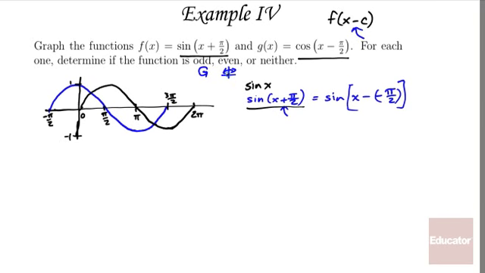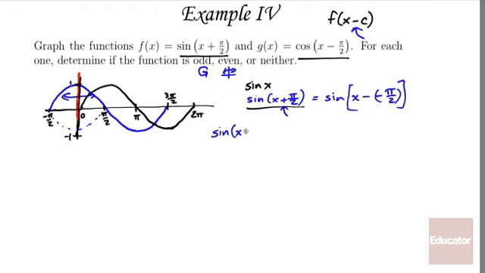If you look at this graph, it certainly doesn't have rotational symmetry, because if you tried to rotate it around the origin, it would end up down here, and that would be a different graph. However, it does have mirror symmetry around the y-axis.